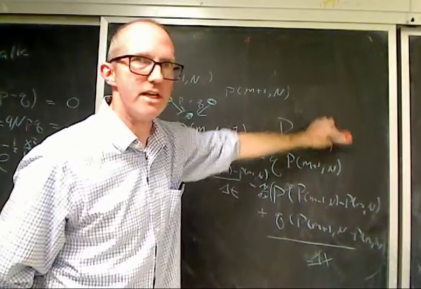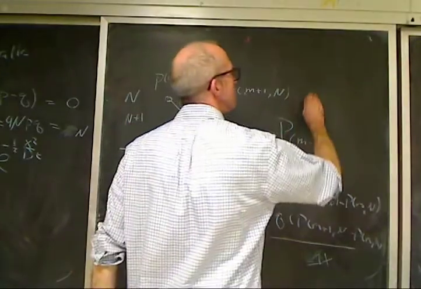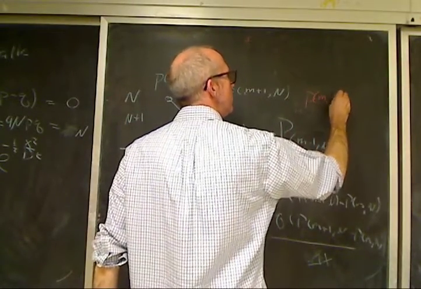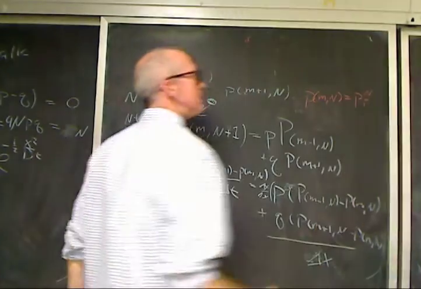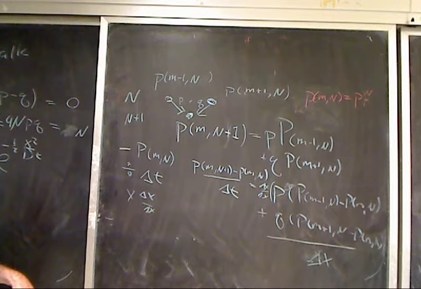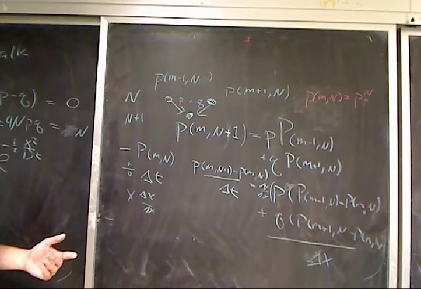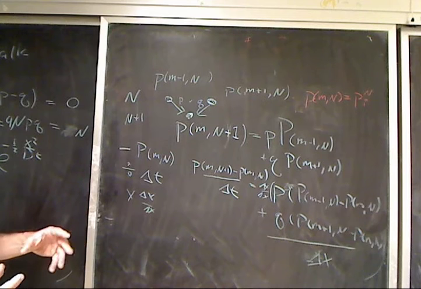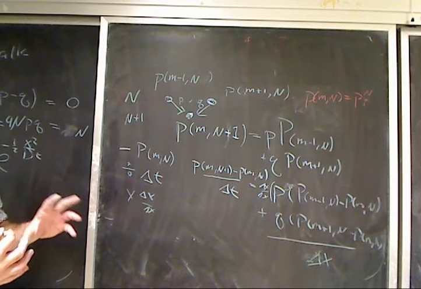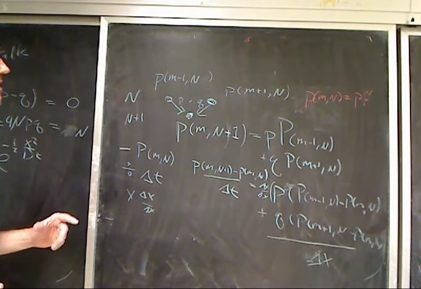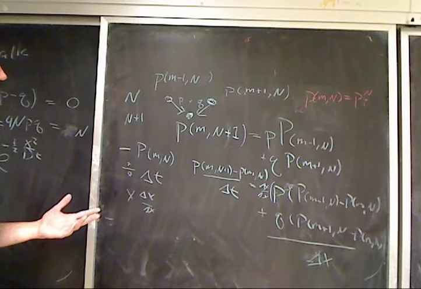I'll use the notation that I actually like: P of m, n is P with i as a subscript and n as a superscript. Why do I want to write it like that? Because it's more compact, and that's it. It's really useful to have your things compact when you write finite difference equations like this.